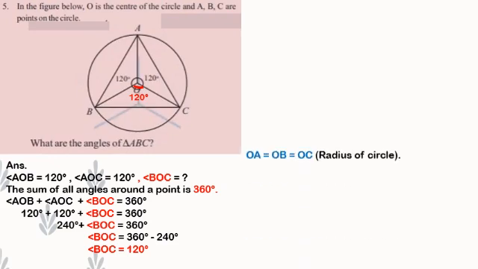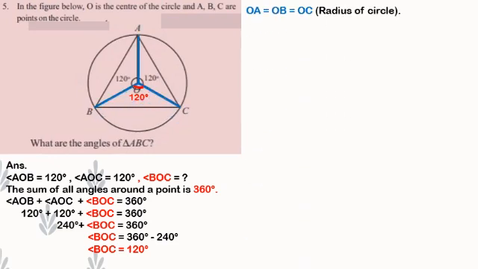From the figure we know side OA equals OB equals OC because these sides are the radius of the circle. If two sides of a triangle are equal, then we can say these are isosceles triangles. That is, triangle AOB, triangle AOC, and triangle BOC are isosceles triangles.